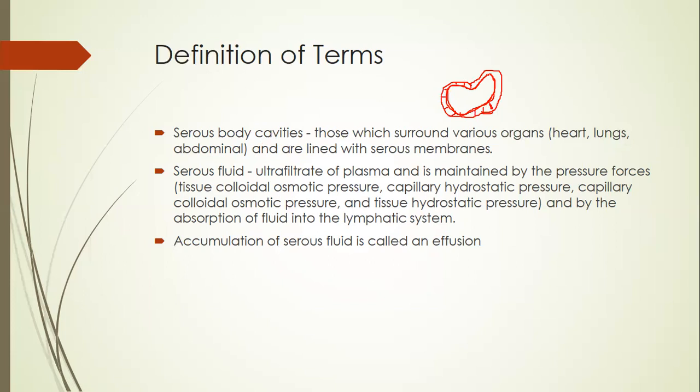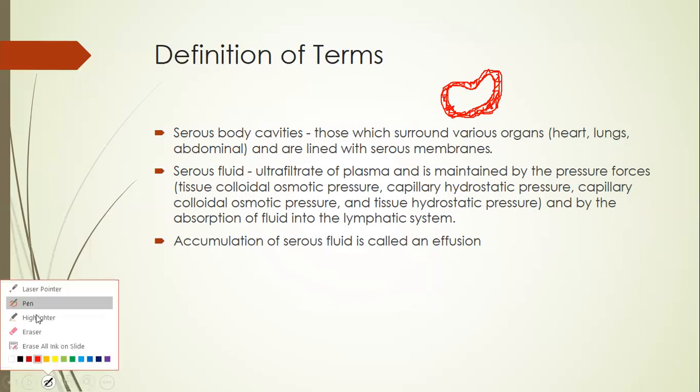Now, these body cavities are filled with fluid to allow a sliding motion, a frictionless functioning of the organ. Otherwise, it would really be painful if this area were compressed because you don't have enough fluid. And that fluid in these cavities is what we call serous fluid.